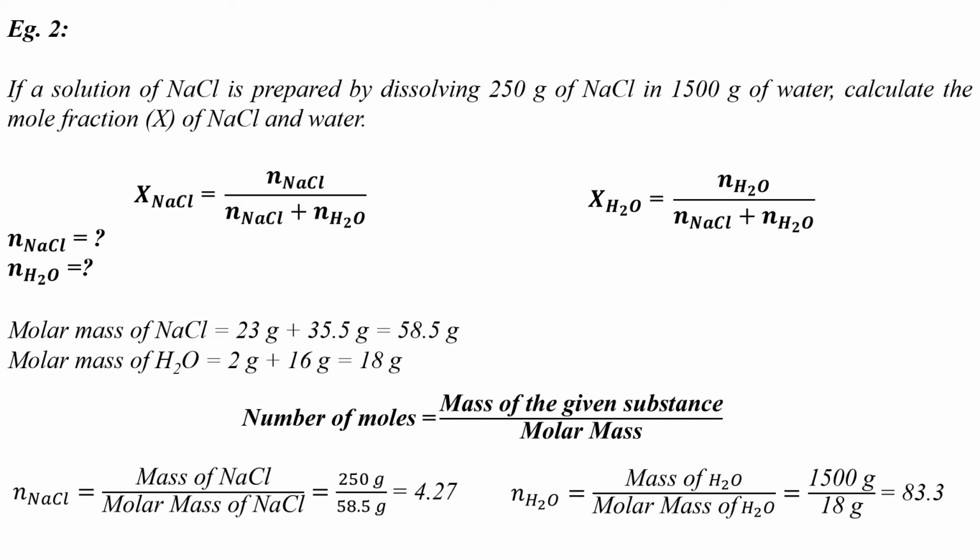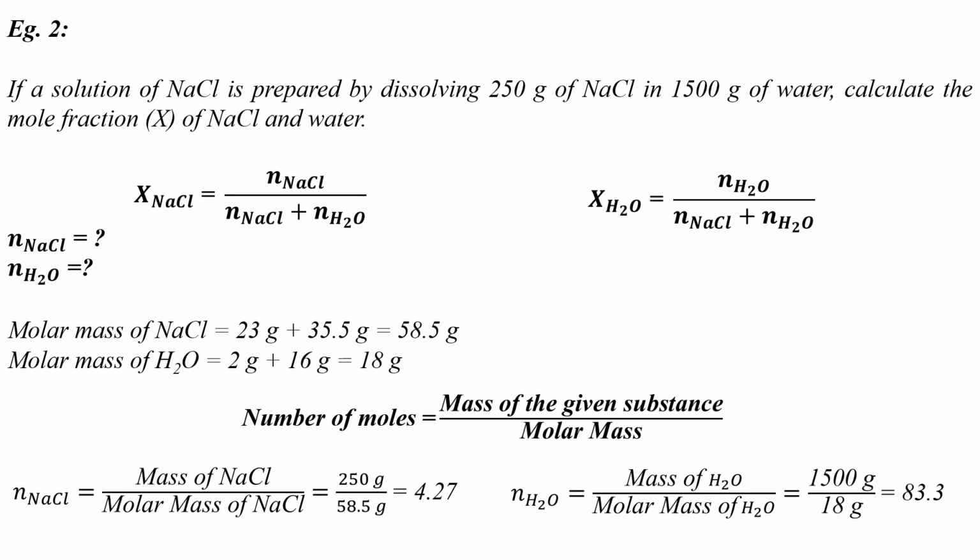X NaCl is equal to number of moles of NaCl divided by sum of number of moles of NaCl and water. And for calculating mole fraction of water, X water is equal to number of moles of water divided by sum of number of moles of NaCl and water.